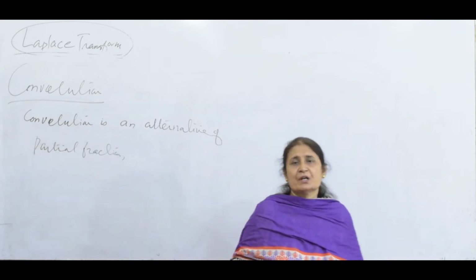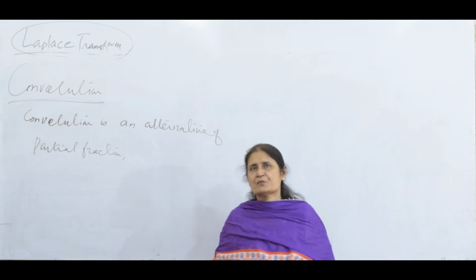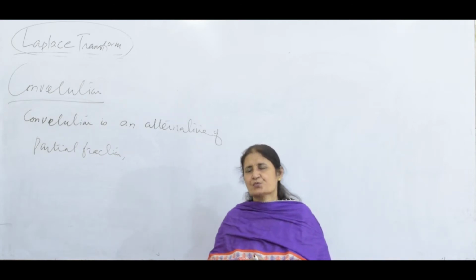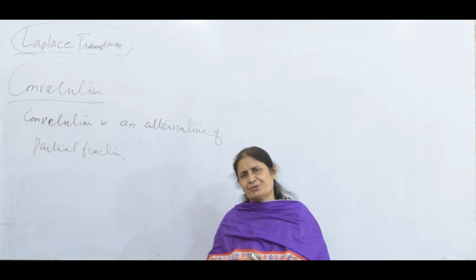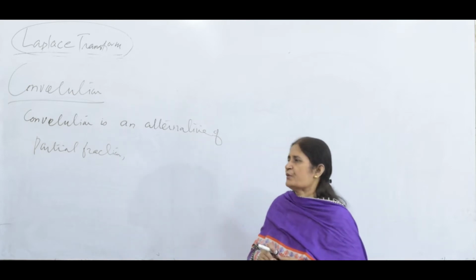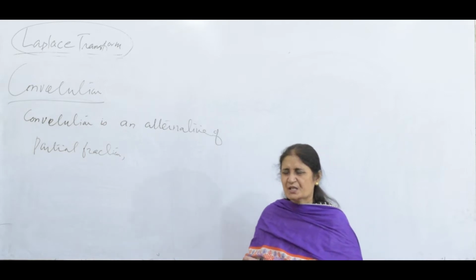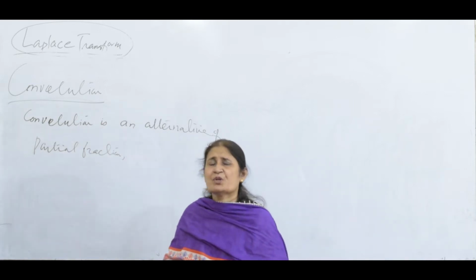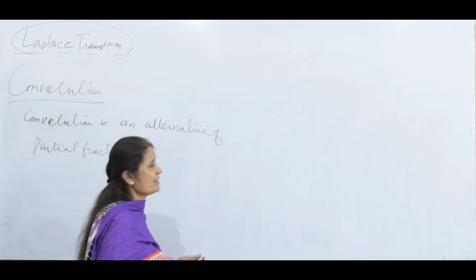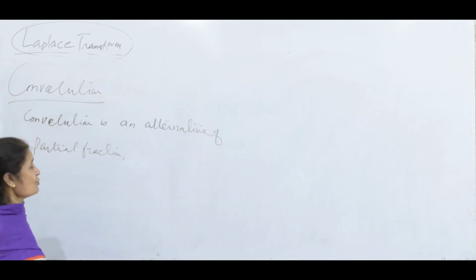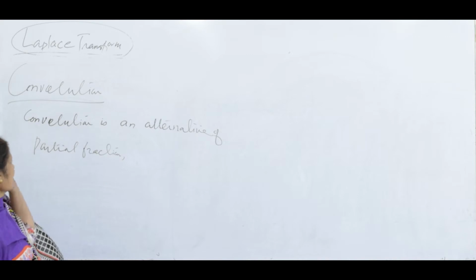Convolution is a very important topic in Laplace transform, and there are a couple of properties of it. Sometimes partial fraction is difficult; when we go to partial fraction, we get the same function back, so we cannot take the Laplace inverse. So convolution is the best way. It's an alternative of partial fraction.